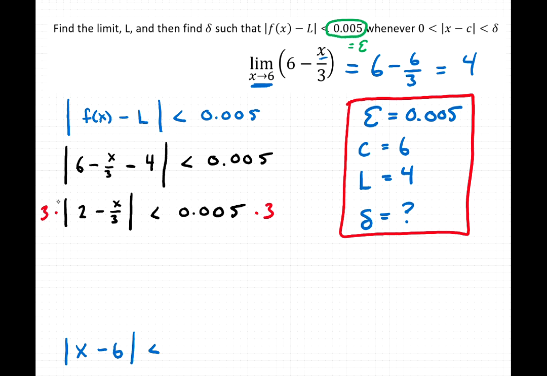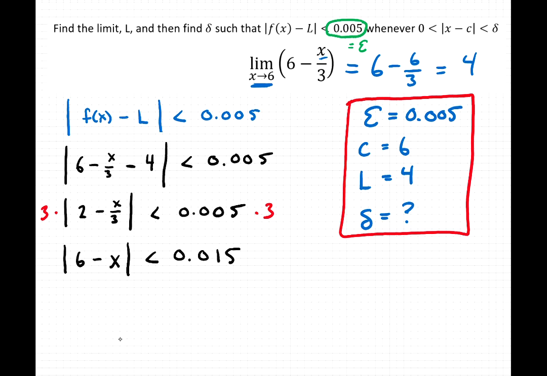If we multiply through by 3, that'll give us the absolute value of 6 minus x is less than 0.015. So this is what I meant when this number on the right will change along the way as we're working with the left-hand side. Let me erase this for now.